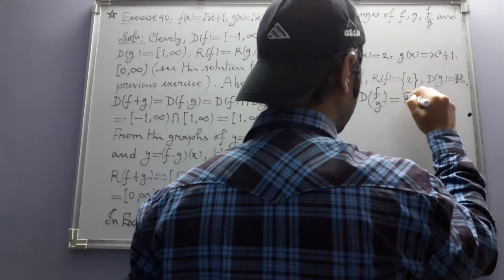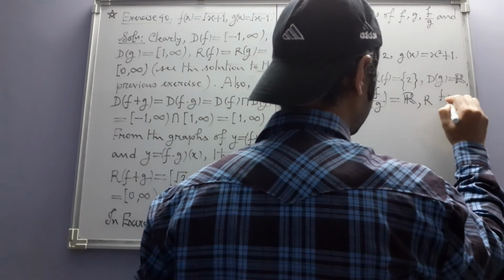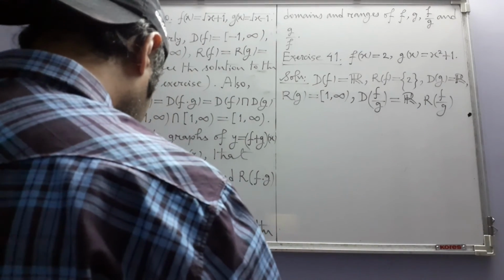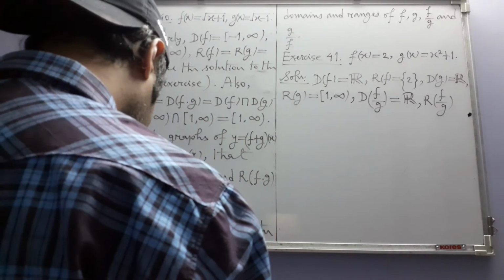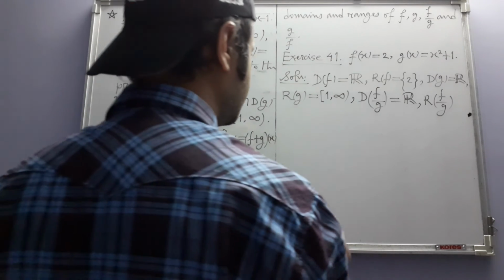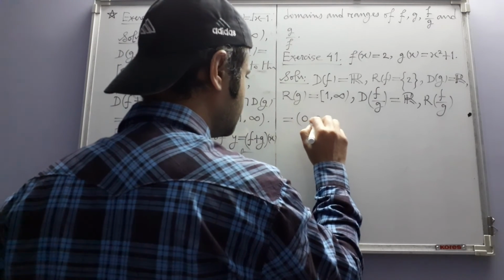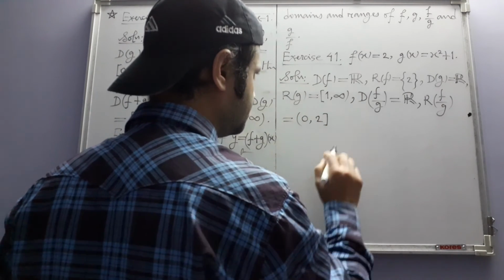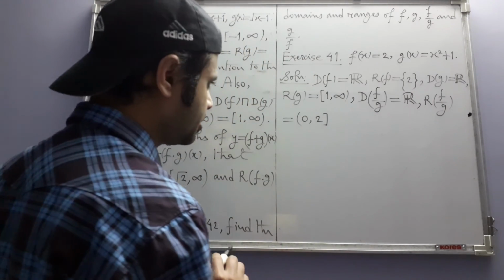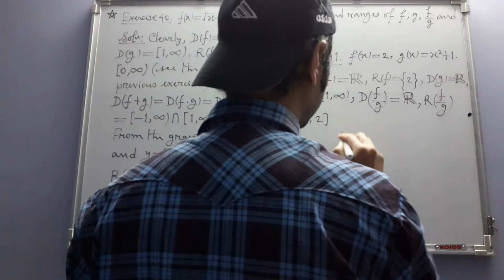So the domain is R. What is range of f by g? Range of f by g turns out to be equal to 0 comma 2. Again, you can either find it algebraically or you can find it geometrically from the graph.